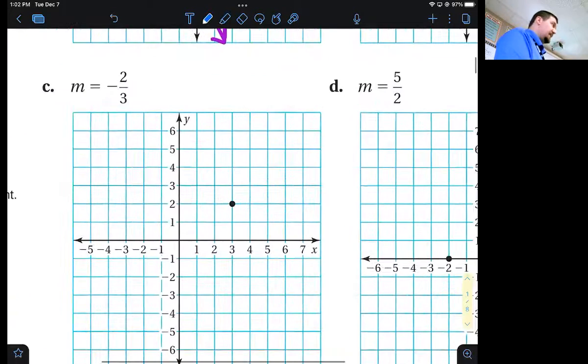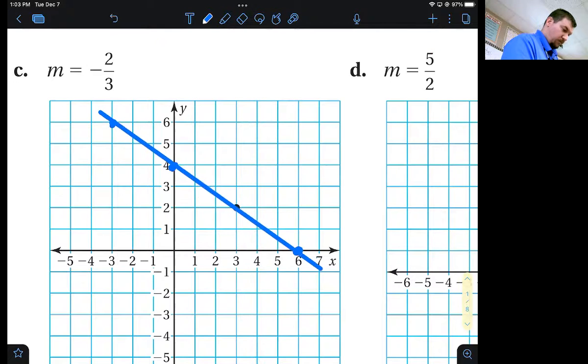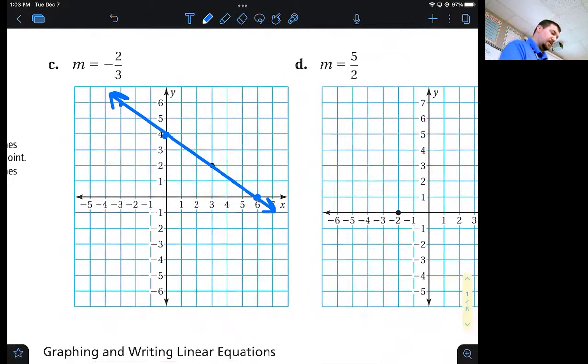Okay. We have C down 2/3, up 2 left 3, up 2 more and left 3 more. Oliver, what's the slope intercept equation of this line? y equals -2/3x plus 4.